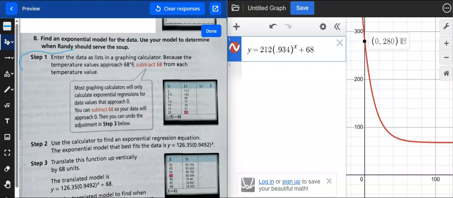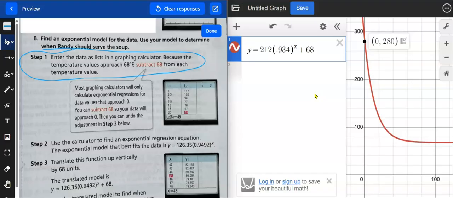What was their strategy in step number 1? What should we have done from the beginning which would have helped us? Subtract 68 from the temperatures. That would have given us the correct shape, and then we could have done this little plus 68 at the end and been okay.